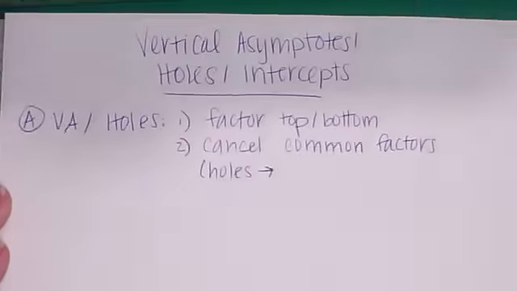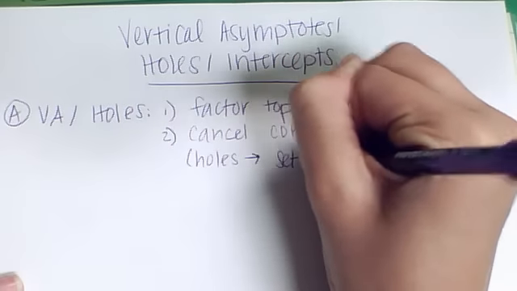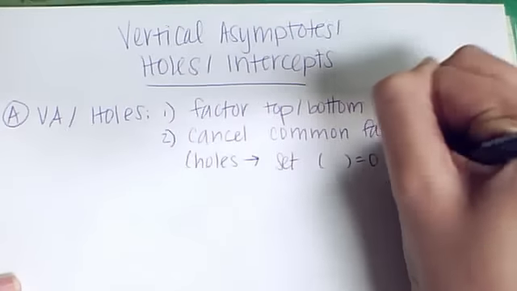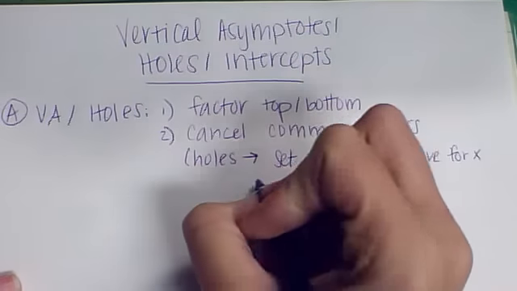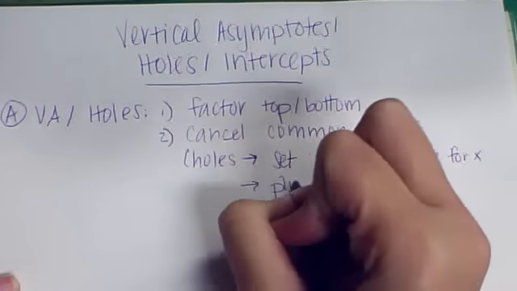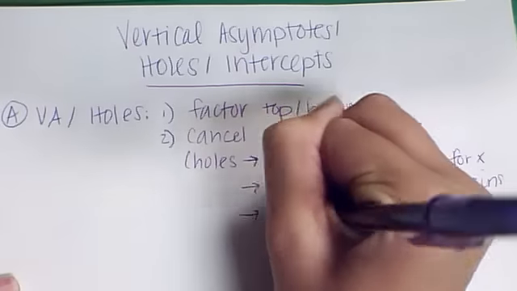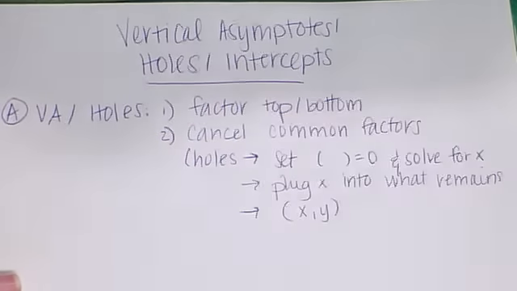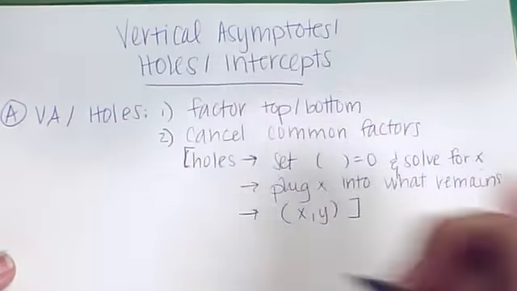To figure out the coordinates of the hole, you're going to set the factor equal to 0 and solve for x. You're going to plug x into what remains, and you're going to write that as an x and y ordered pair. That's where your hole will be. Okay, that's it for the idea of holes.